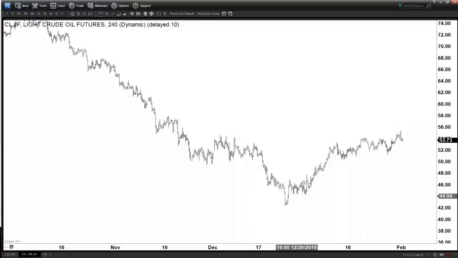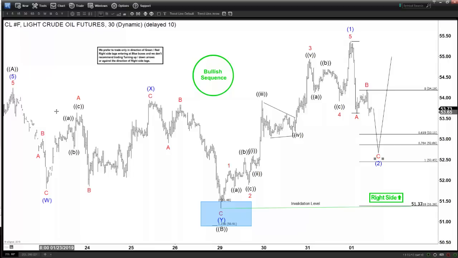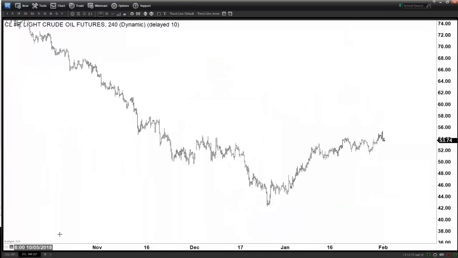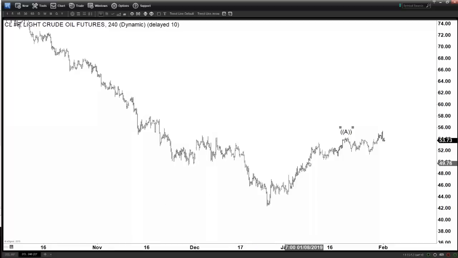Now you can see over here this rally that we have from last year on December 26. If we try to match the 1 hour here, we can see that this A label is located somewhere around here, and then the B label is located somewhere here in the larger degree time frame, right?